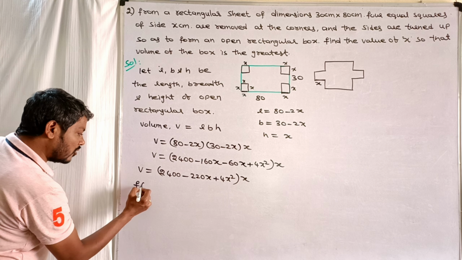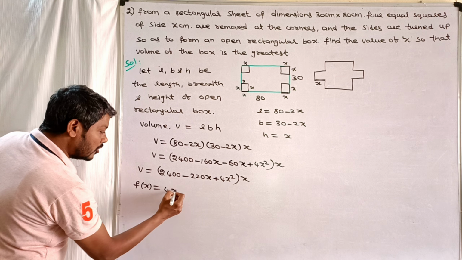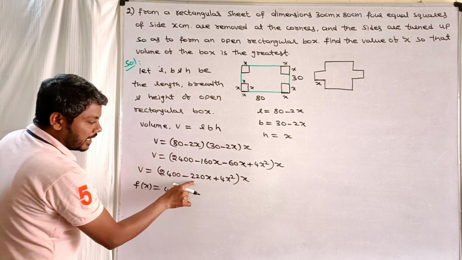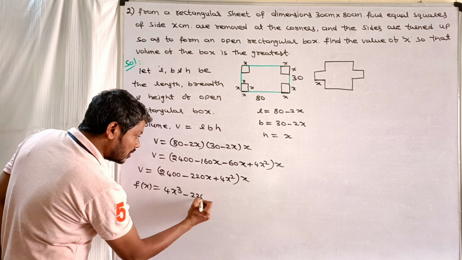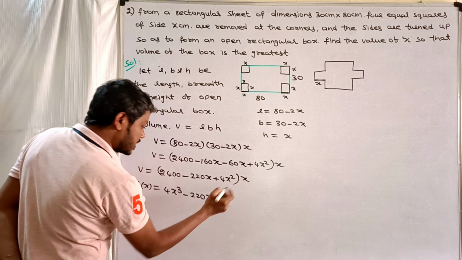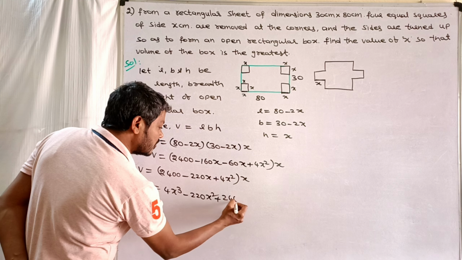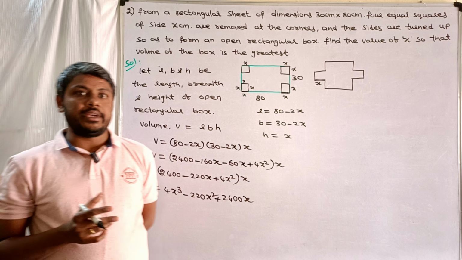Let it be f of x. f of x is equal to 4x square into x, 4x cube, minus 220x into x, that is minus 220x square, plus 2400 into x, 2400x. So this is our function f of x.